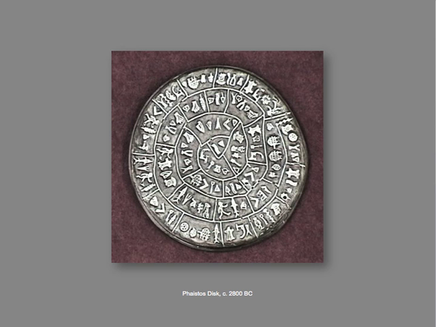This is the Phaistos disc, and it combined alphabet forms and pictographs, and it worked from the center out in a spiral, and both sides were used. And this is at about 2800 BC.